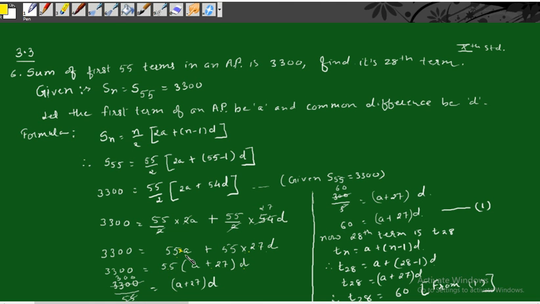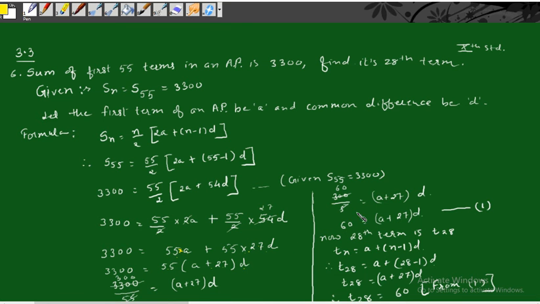So for the first term 55 comes out, so that is first term is A, plus 55 is outer side, so 27 into D. Okay, so 55 we will divide by 55. So I'll get A plus 27D.